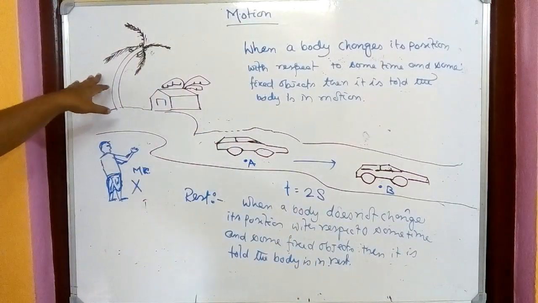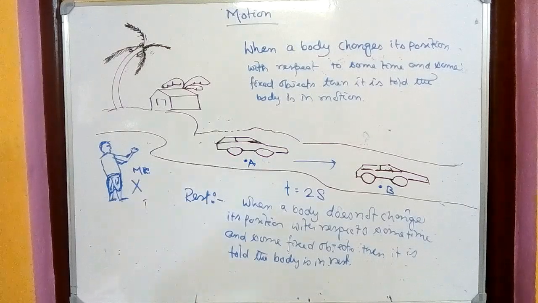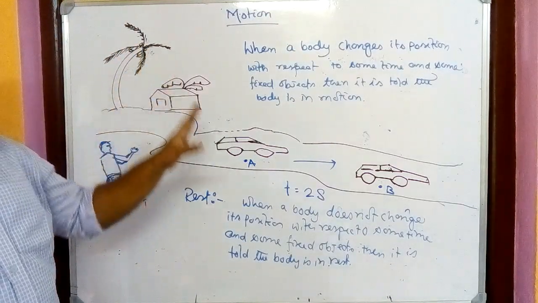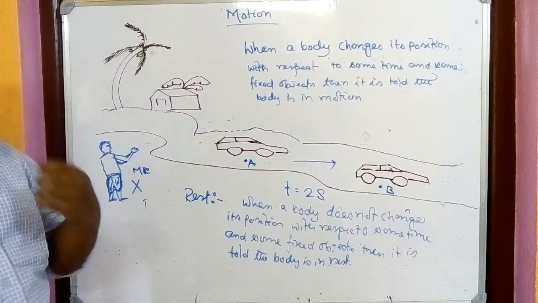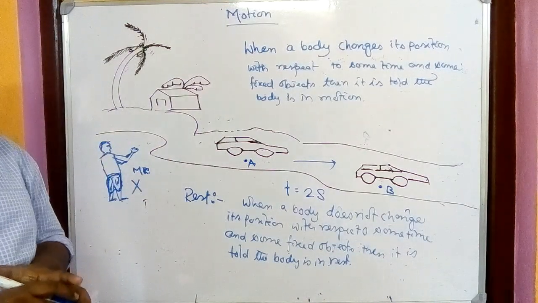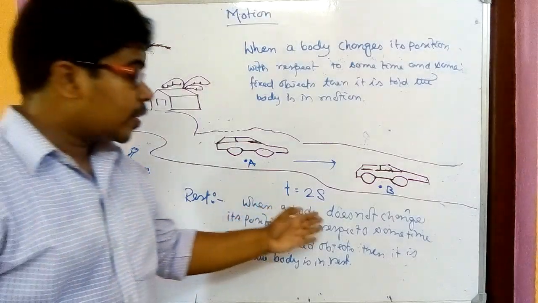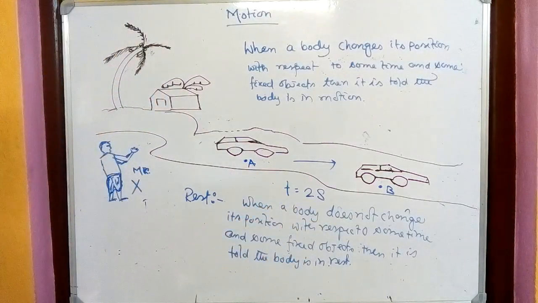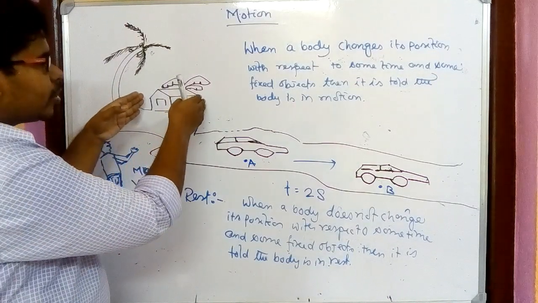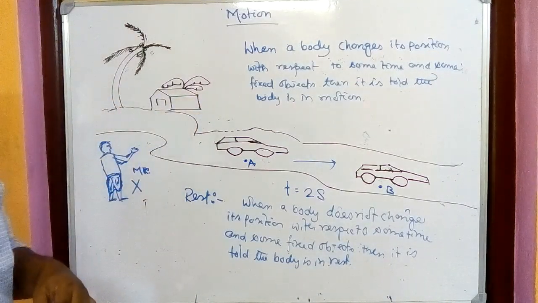Let's see. If I am talking about the tree, see, the tree is not changing position with respect to some time. If I come after some time, then also you will see the tree is here. If I am talking about the house, it is not changing position with respect to time. And with respect to some fixed objects, if I am talking about the tree with respect to this house, it is not changing its position.